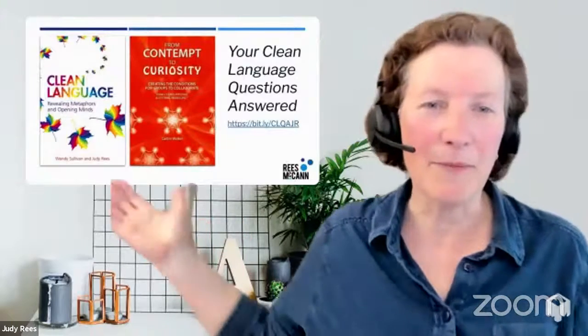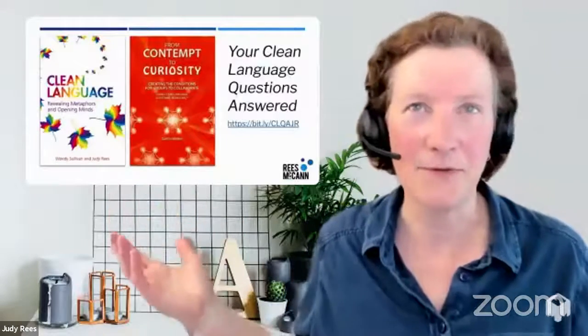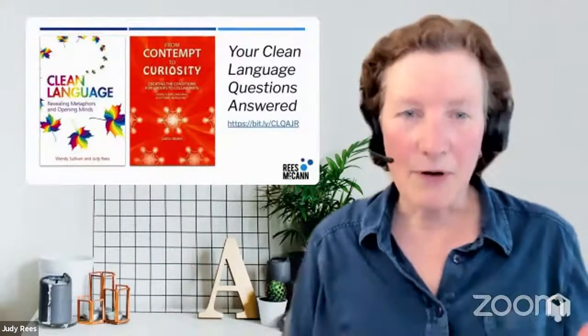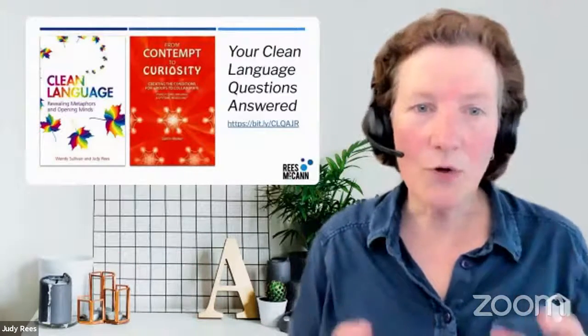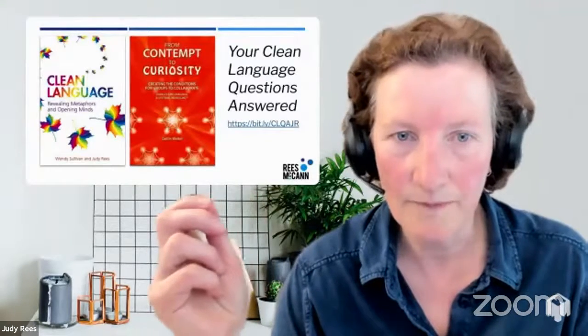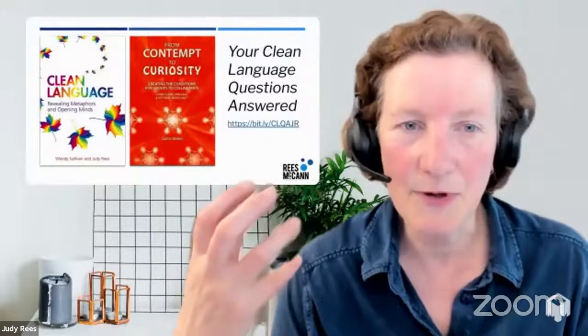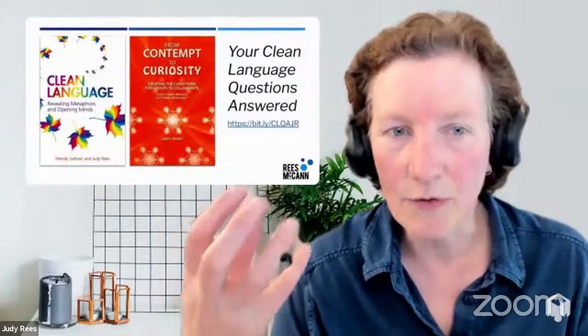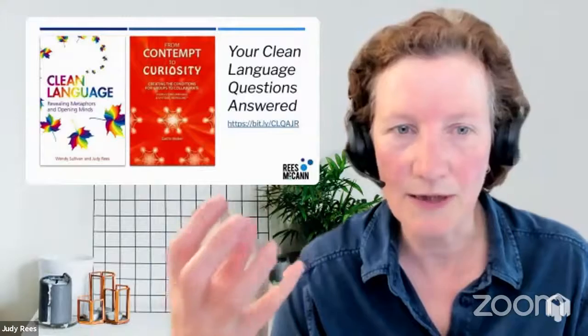Of course, I'm going to recommend my own book, Clean Language, Revealing Metaphors and Opening Minds by Wendy Sullivan and myself. However, for you working in agile teams, you might do better to take the book in the middle there, From Contempt to Curiosity by Caitlin Walker. Caitlin has done some astonishing work with groups and teams over the last 20 years.